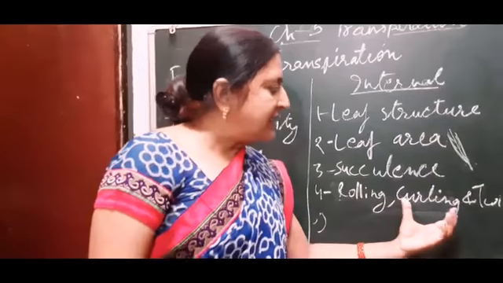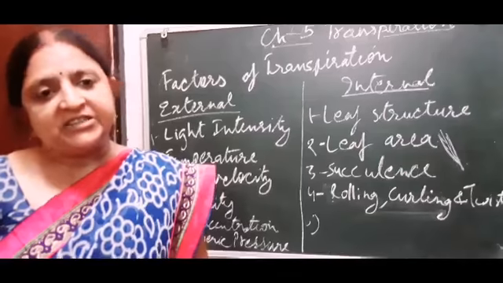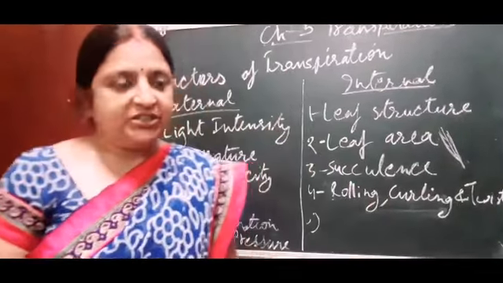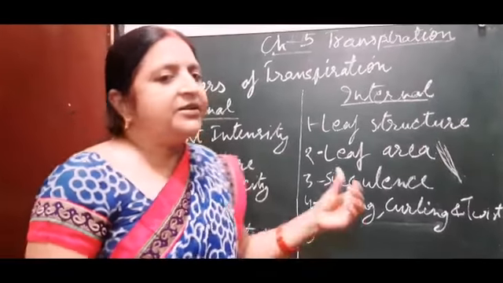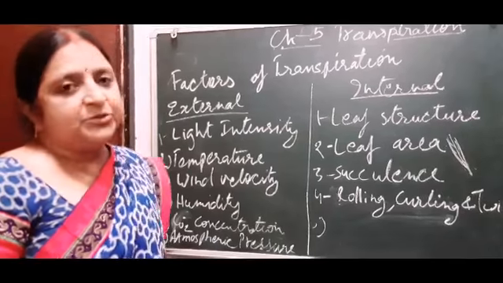Now rolling, curling and twisted shape of the leaf also affect the rate of transpiration. This type of leaves decreases the rate of transpiration. This is all about the internal factors which affect the rate of transpiration.